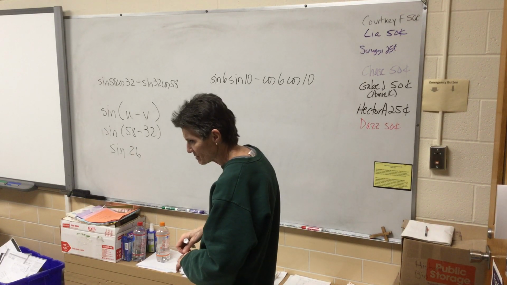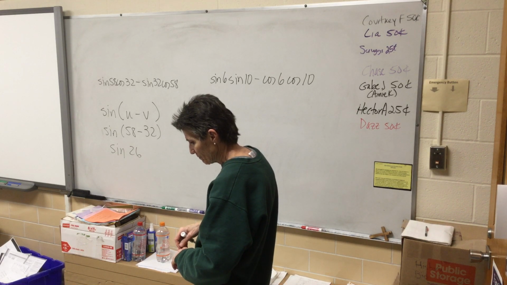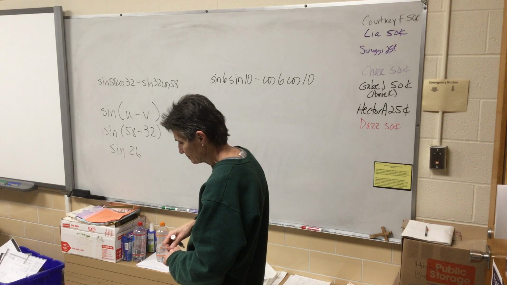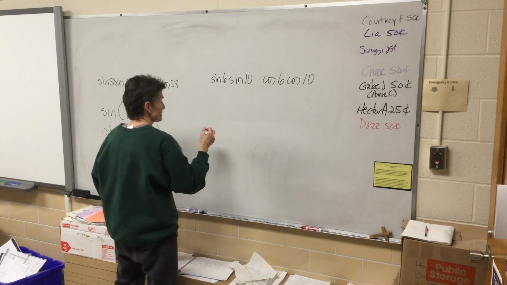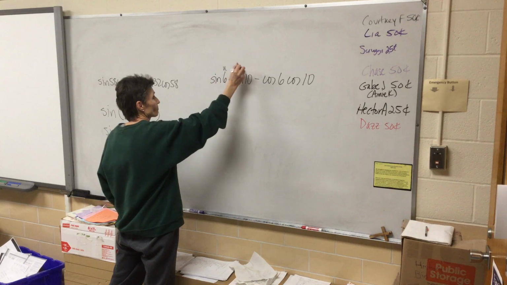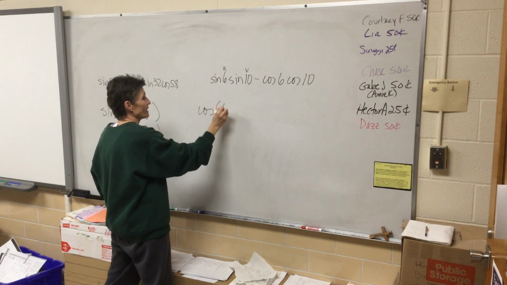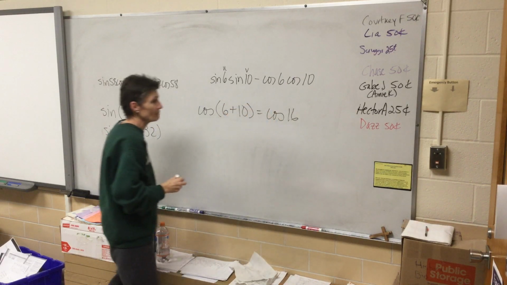It's the cosine of u plus v, isn't it? Yeah. So, what's my u and what's my v? So this is the formula for the cosine of 6 plus 10. So this is just the cosine of 16.